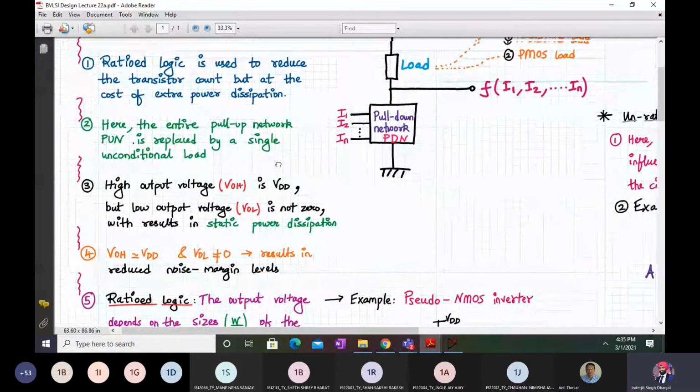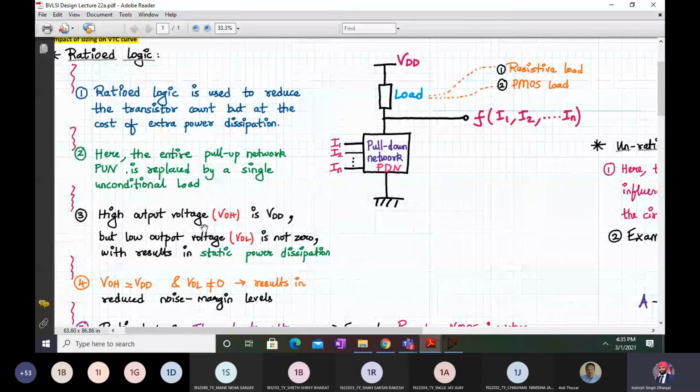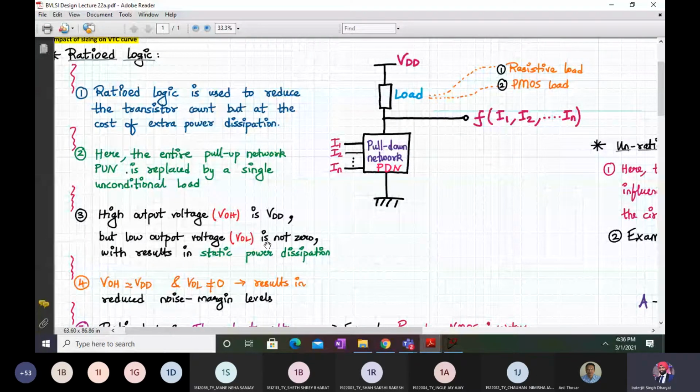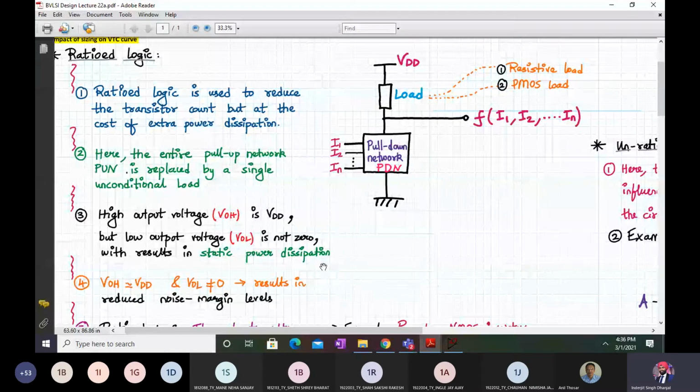Here VOH, the high output voltage, is VDD, and the low output voltage VOL is not zero. This is the reason it results in static power dissipation.